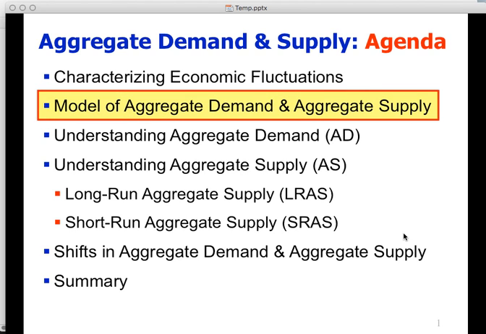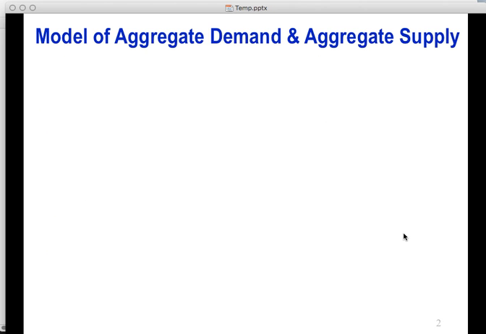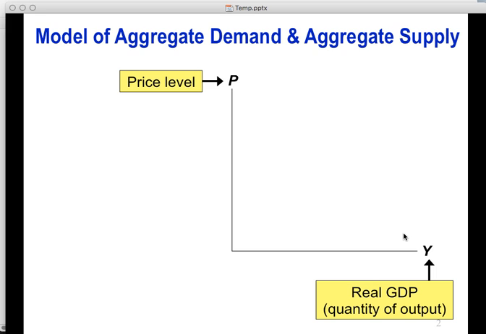First, remember the general idea of this model of aggregate demand and aggregate supply, which is presented in that question itself. The axes are the price level and the real output, prices and quantity, where quantity in this case is the real GDP.